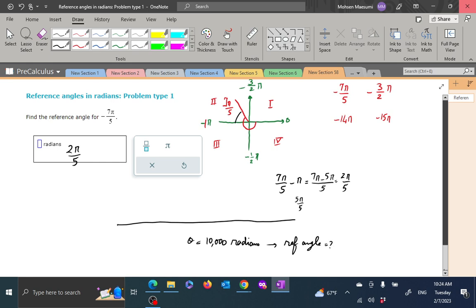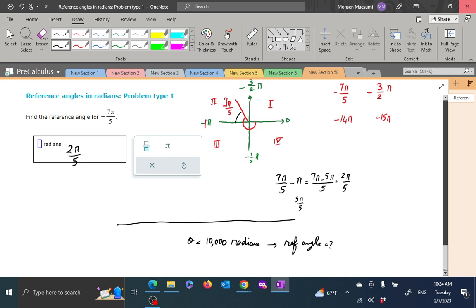So we need to come up with some sort of mechanism to find a reference angle that's going to be more certain than just trying quadrant by quadrant and saying, well, I passed this one, I passed that one.